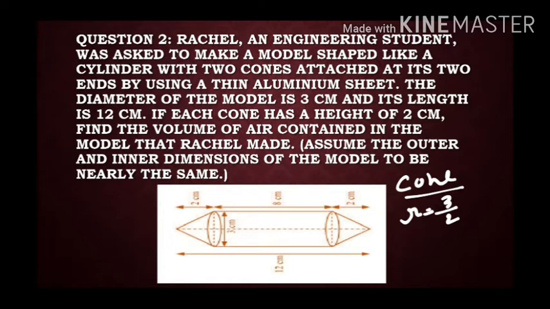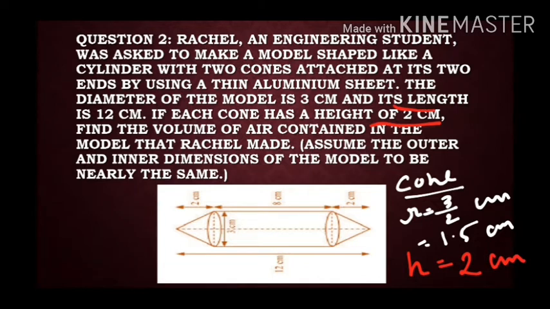That is why radius will be 3 by 2 centimeter, which is equal to 1.5 centimeter. And in the question, it is given that each of the cones has a height of 2 centimeter. That means you can write height is equal to 2 centimeter for the cone.